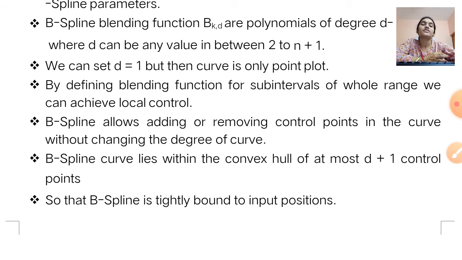That means it is not necessary that all the control points are used to draw the curve; if we desire, some control points can be skipped. A B-spline curve lies within the convex hull of at most d plus 1 control points, so the B-spline is tightly bound to the input positions.